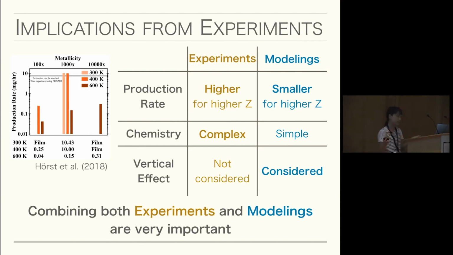This effect we cannot include in our modeling; we just assume 100% conversion efficiency because we don't know the dependence on metallicity. Also, the vertical effect cannot be considered in the experiments. For the photon shielding effect, I found that it is larger for higher metallicity. So I think this is an opposite, competing effect, and we have to consider both effects carefully. Thanks again. Thank you.